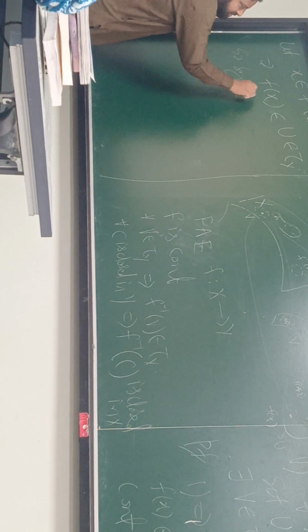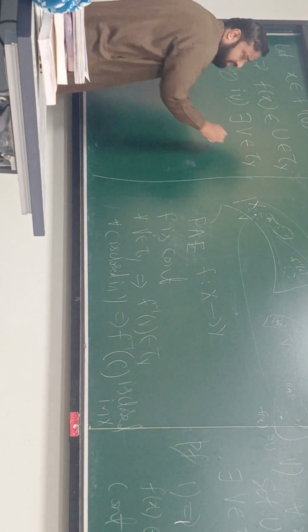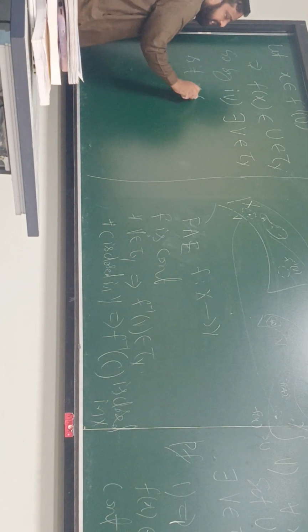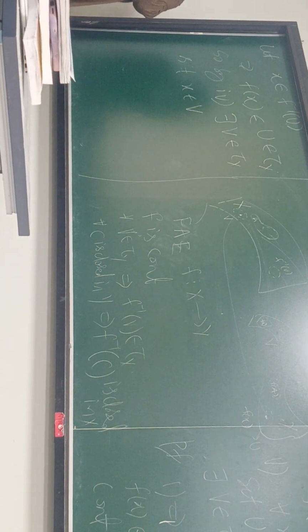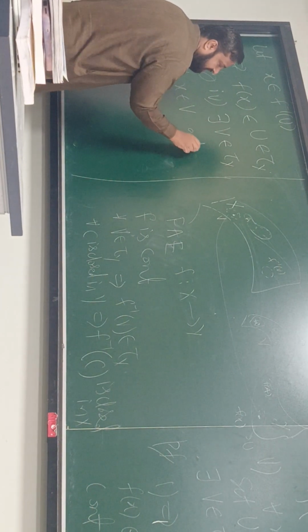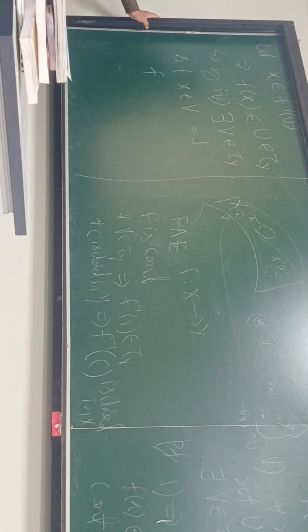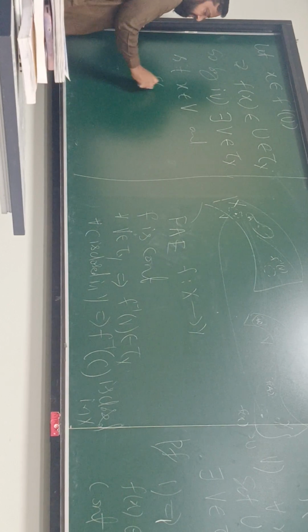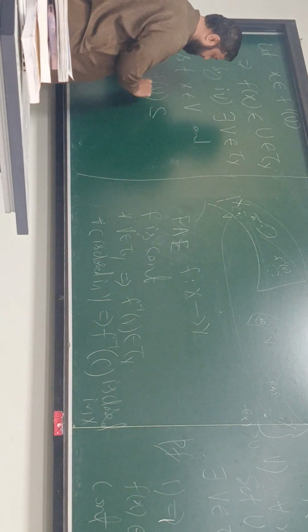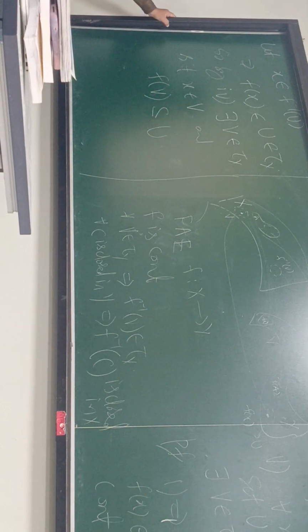So by assumption, so by 4, I can find a V inside tau X which is open. Okay? Such that एक खास बात है कि x V में है and f of V is inside U. ठीक है?